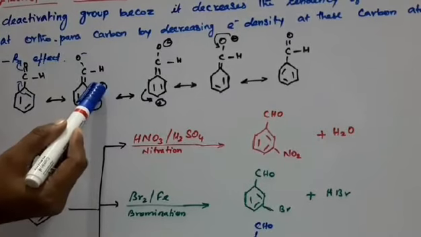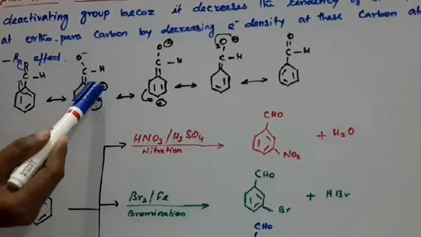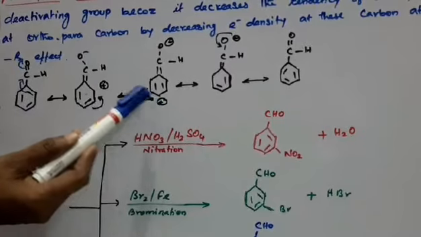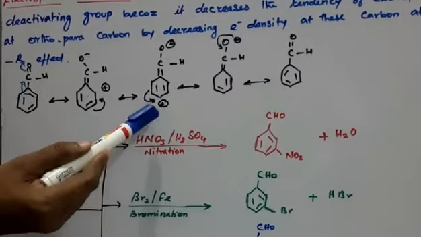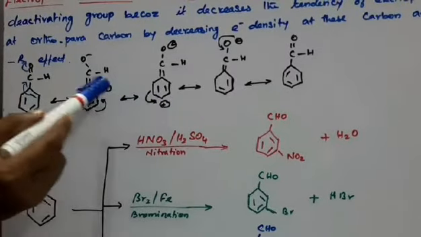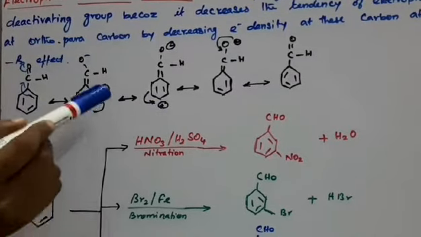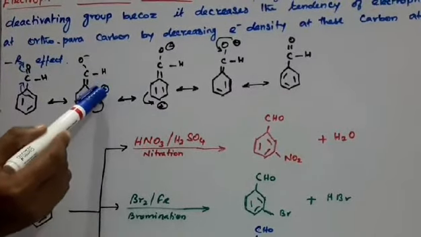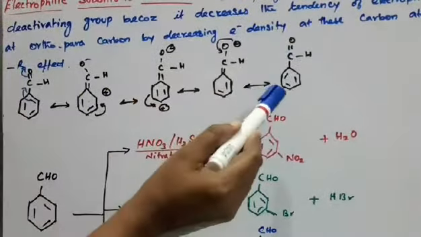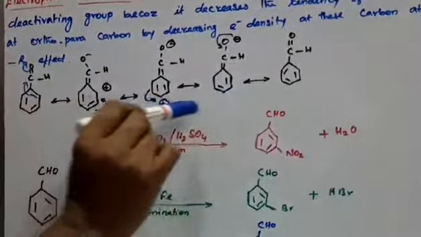Because the carbonyl group is ortho para deactivating, the electron density here is greatly decreased. With decreased electron density, no electrophilic substitution reaction takes place at the ortho and para positions. Like that the pi bond shifting takes place. Due to the minus R effect, it undergoes resonance structures.